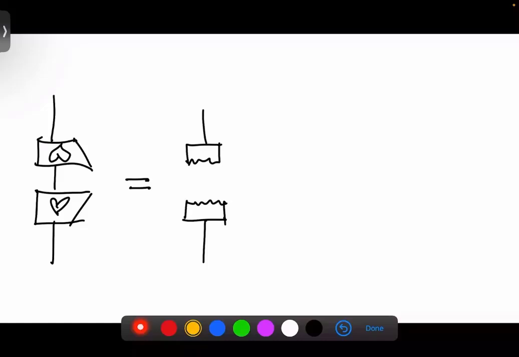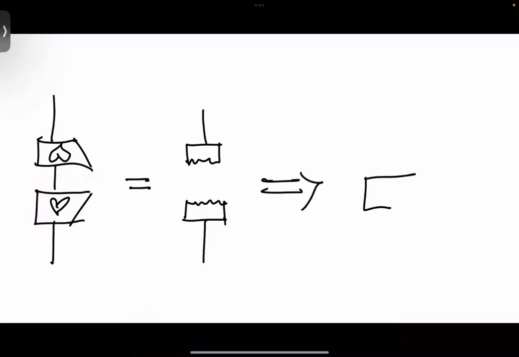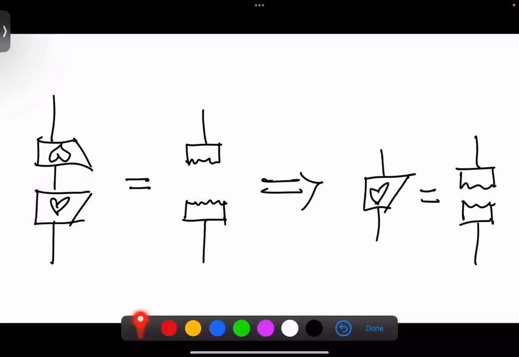But first, let's look at the classical case. What we have is this hard box, and what we did is we flipped it. So this is a transposition or adjoint. And then we say, let's make sure that this thing gets separated.